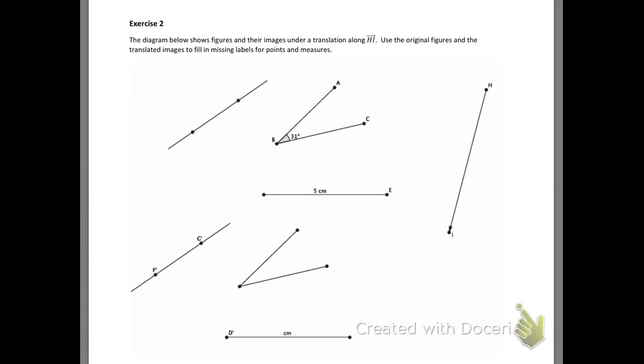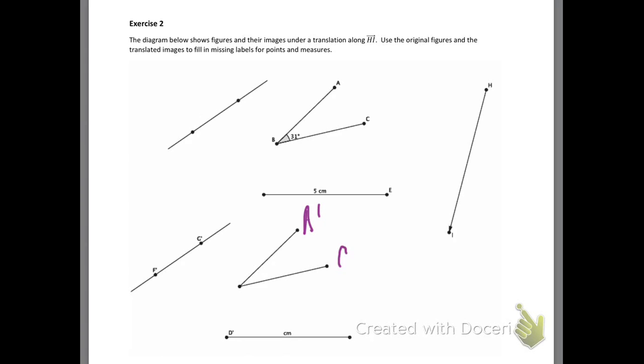So maybe the most obvious one to start with would be the angle ABC, whose measure is 31 degrees. And what I'm looking for is an image that would be down and to the left slightly. So notice that all of these points are down and a little bit to the left. So I know that this one right here, I'm going to get a darker color here, must be A prime.